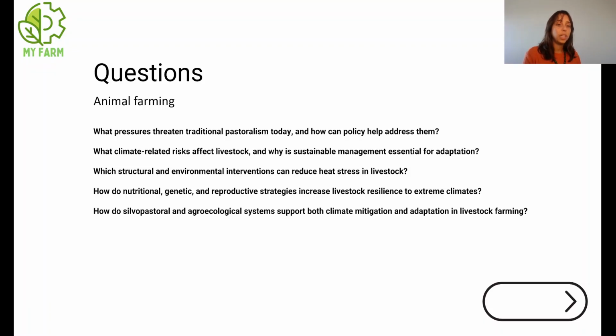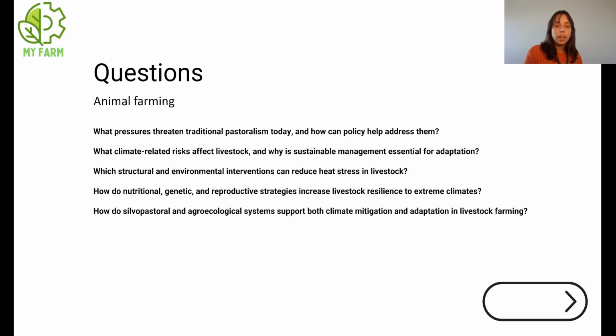More questions. What pressures threaten traditional pastoralism today, and how can policy help address them? What climate-related risks affect livestock, and why is sustainable management essential for adaptation?